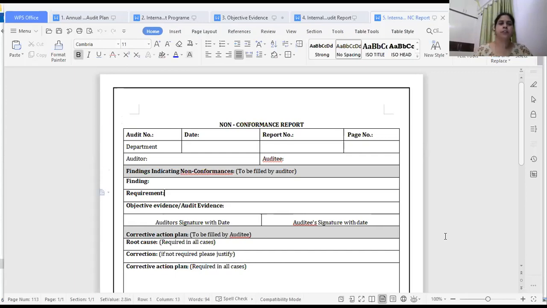Here you can see in this form that part of the form has to be filled by the auditor and part of the form has to be filled by the auditee. Here you can look at the audit number, date and all, and you are going to write the name of the auditor as well as the name of the auditee, and you are going to write the audit findings.